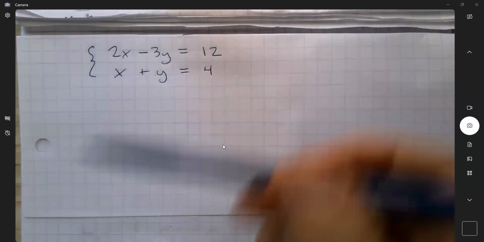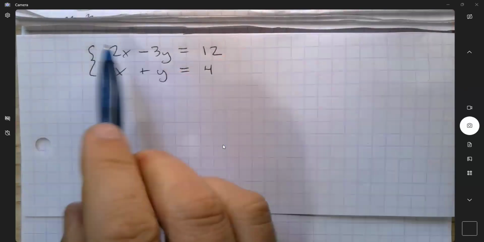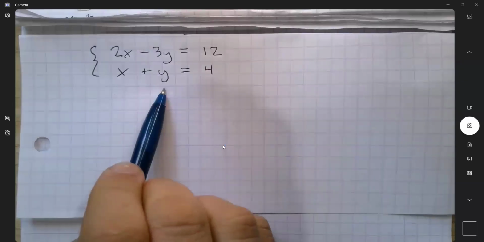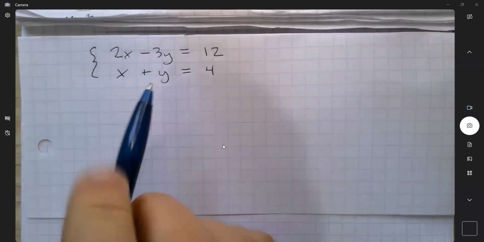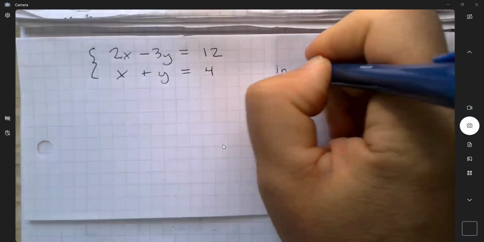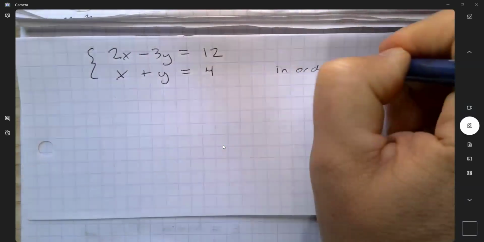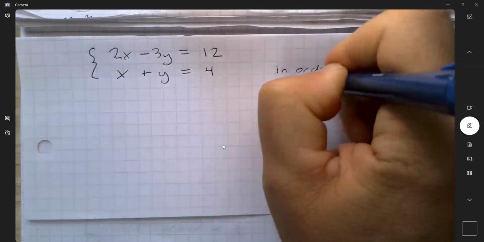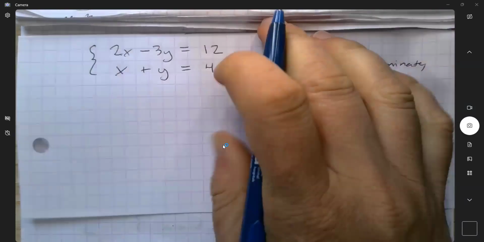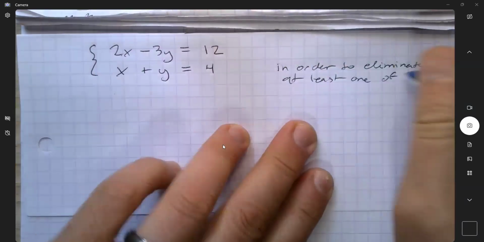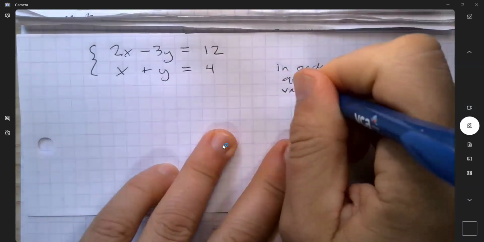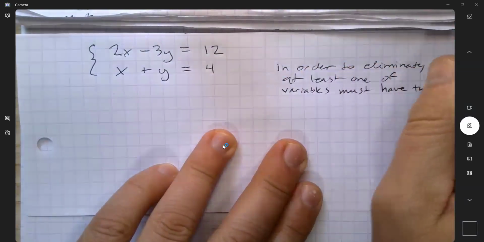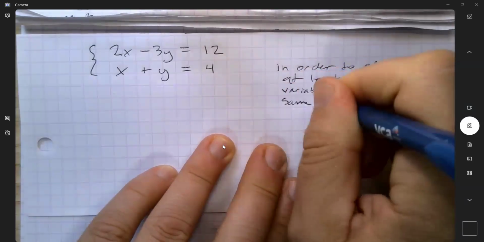Well, I could add these equations together, but if I did, I'd have 3x and negative 2y, I wouldn't be eliminating a variable. So in order to eliminate, at least one of the variables must have the same coefficient.